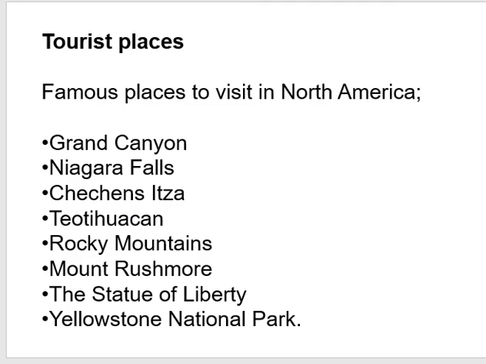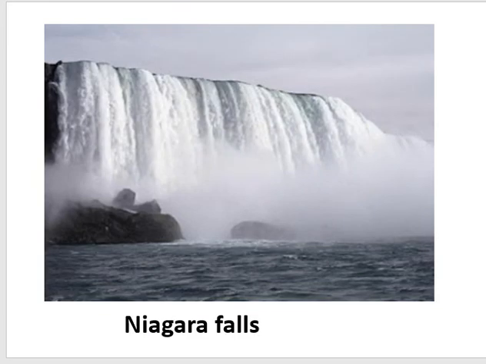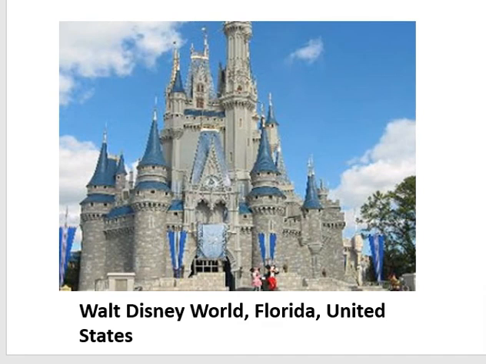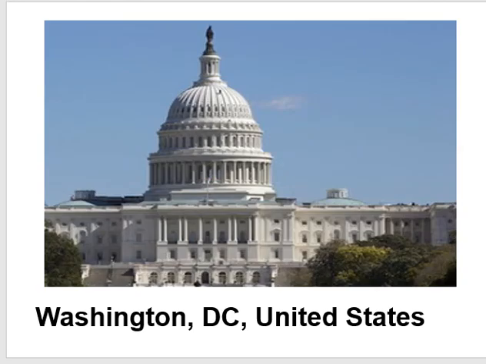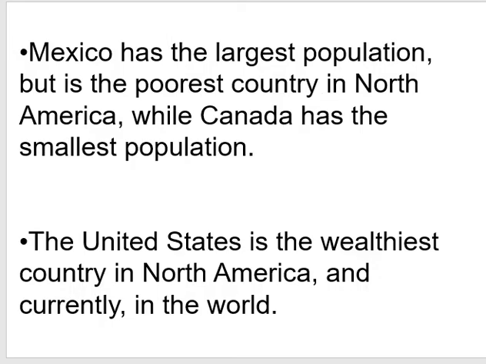And I have the Yellowstone National Park, the Statue of Liberty, Mount Rushmore, Rocky Mountains, the Teotihuacan, the Chichen Itza, Niagara Falls. I told you all this before. So take your time and go through the tourist places that you can find in North America. These are some beautiful places that you can find in North America.